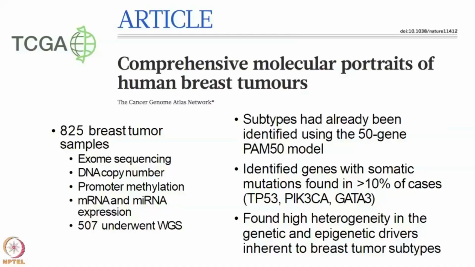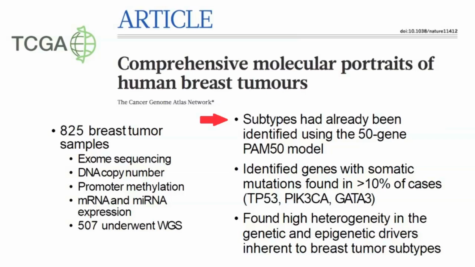So we're going to look at the subset of the TCGA breast cancer study that was used for the CPTAC study. So I just wanted to introduce the breast TCGA study. This was a study that was published, I think in 2012, where they looked at 825 breast tumors. They did exome sequencing, DNA copy number, methylation, mRNA and microRNA expression, and then subtyped these breast tumors based on a PAM50 model, which is a typical way of subtyping breast tumors.